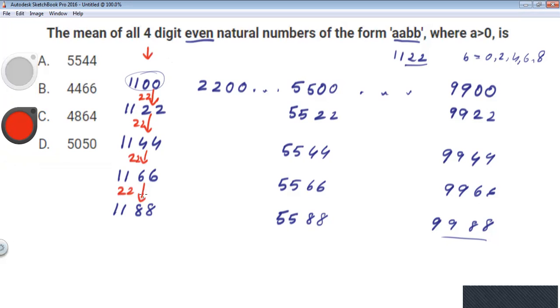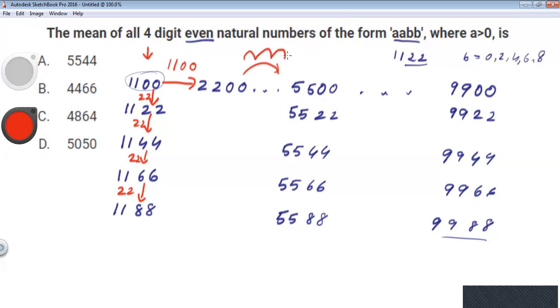We just keep on adding 22. Then when you shift between rows, moving from one number to the next column, there is a difference of 1100. The same difference is here also: 2200 to 3300 is again 1100, like that.